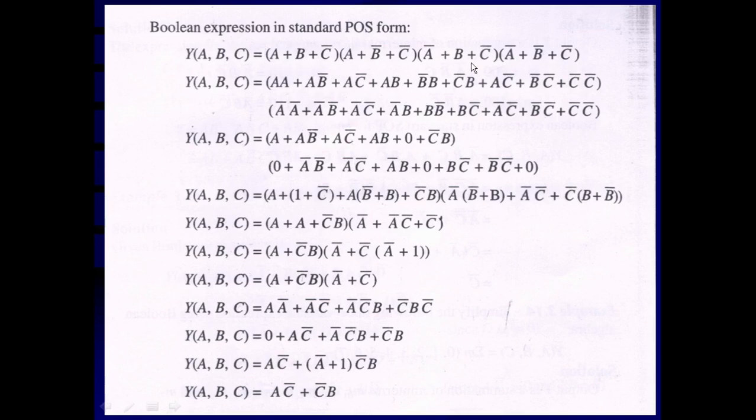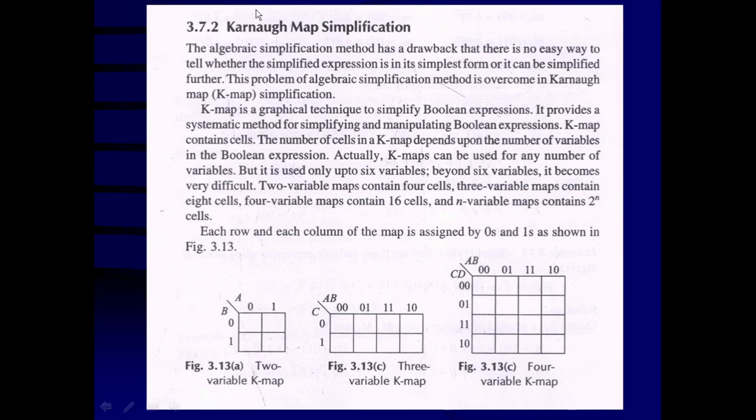In this example, up to this it is okay, but after that there is some mistake actually in this example. So everybody is advised to solve it by themselves, and that way you will learn how to obtain the correct simplified Boolean expressions. Thank you very much, friends.